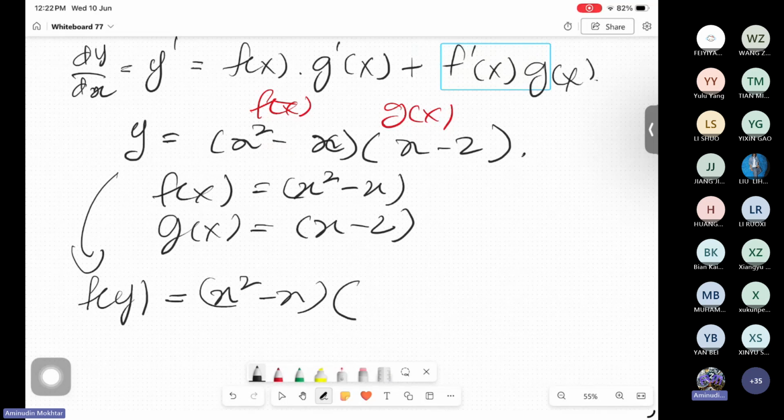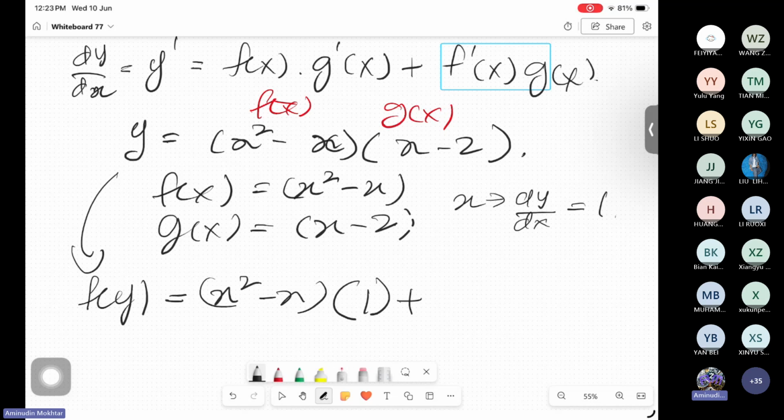The derivative of x is 1, based on the rules of derivative. So this equals 1 times the second part.